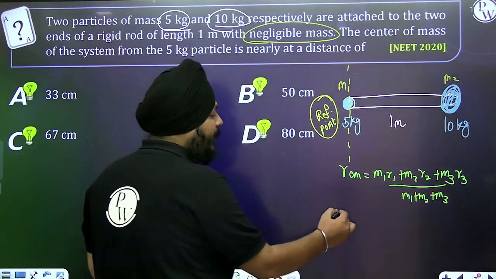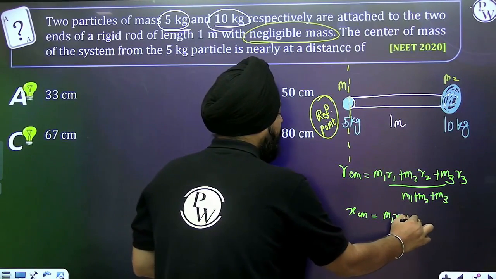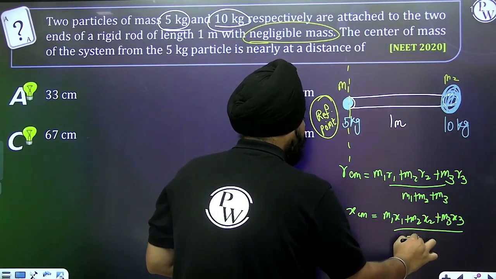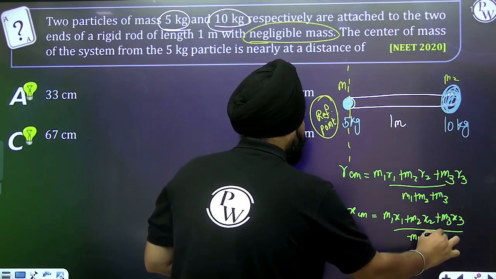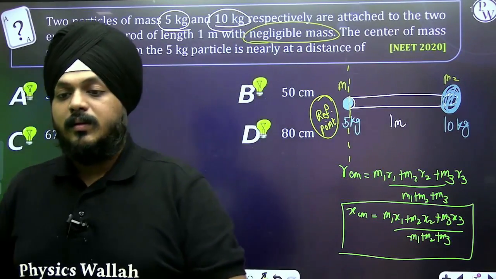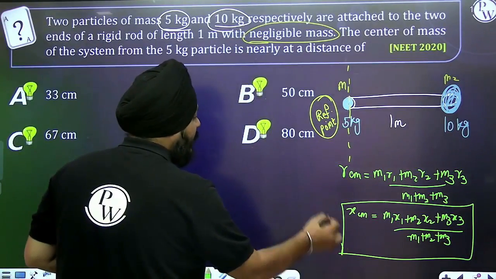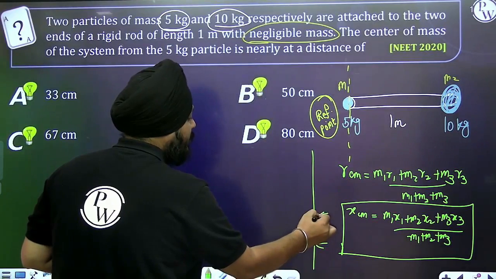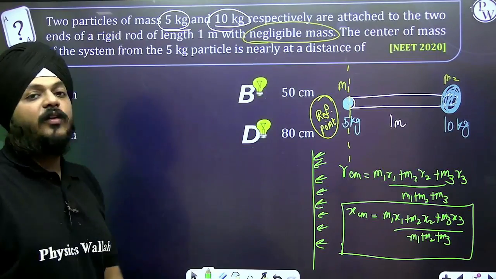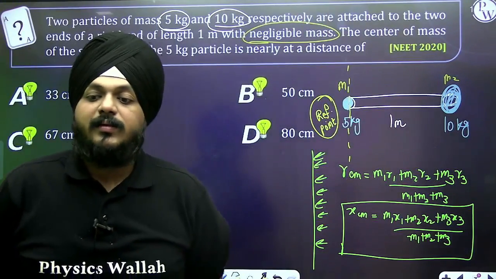So I can reframe this formula as x center of mass, y center of mass, z center of mass.